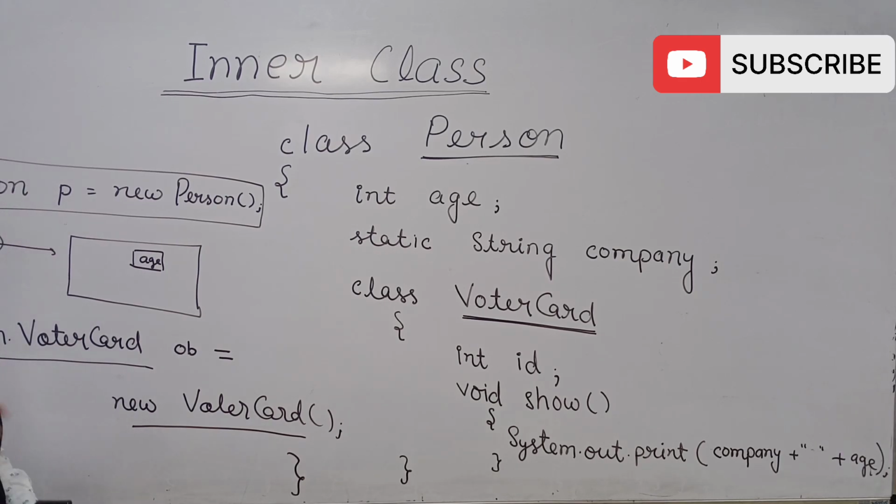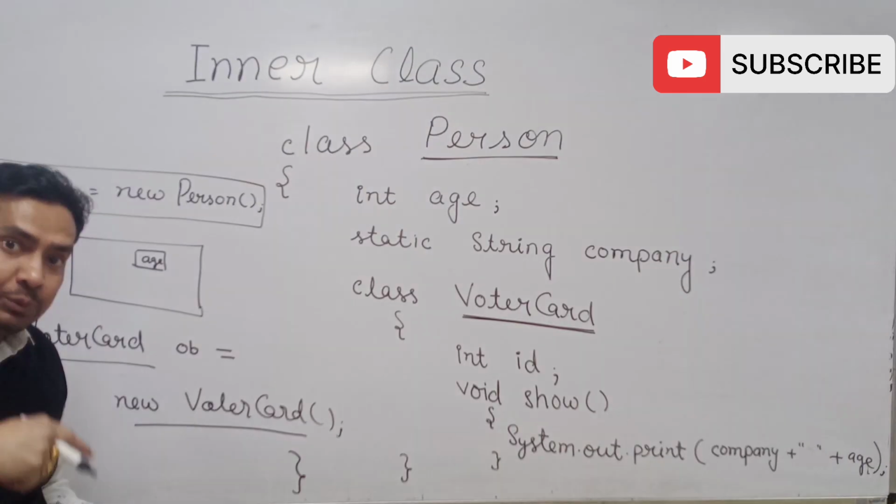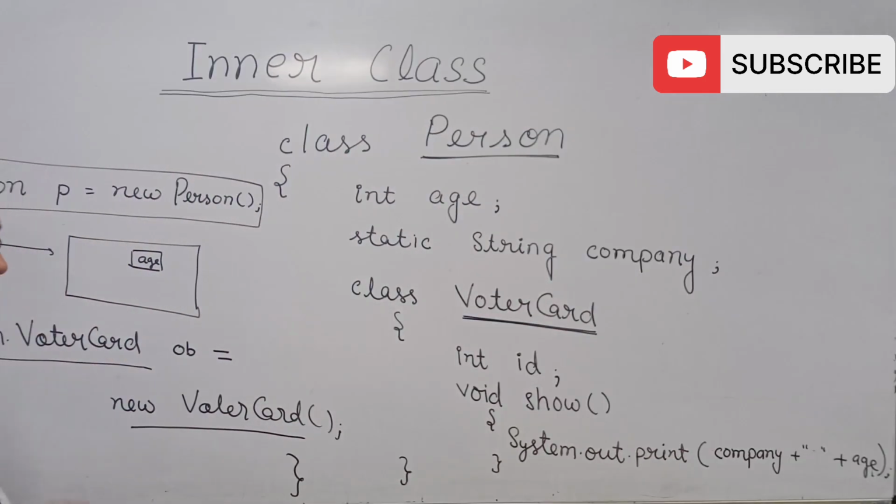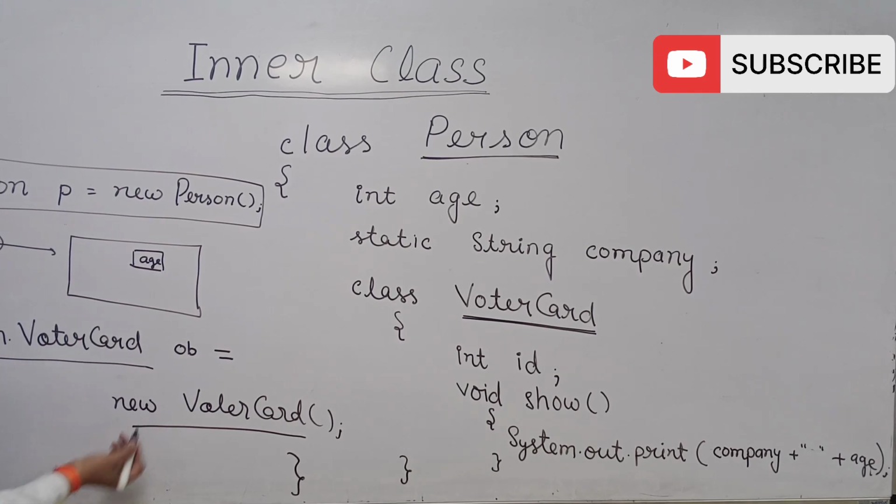What I told you is that the inner class object will be created inside the object of the outer class. So who is allocating the memory? This new is allocating the memory. So there is a new syntax here. Otherwise this will allocate fresh memory. I am saying, okay, allocate the memory inside p. It means I will write here p.new.